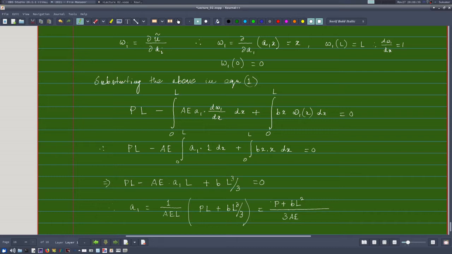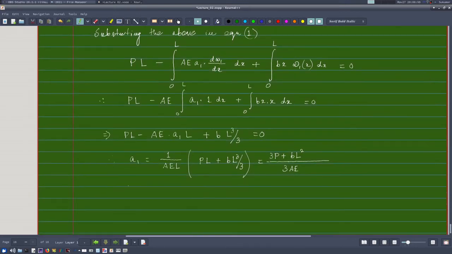No, I must have a 3 here because I have added these two fractions. All right, and once I get this a1, my ũ or approximate solution is a1x, so (3P plus bL squared) by 3AE into x.